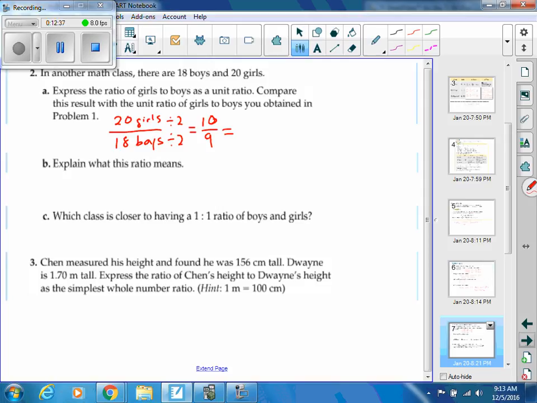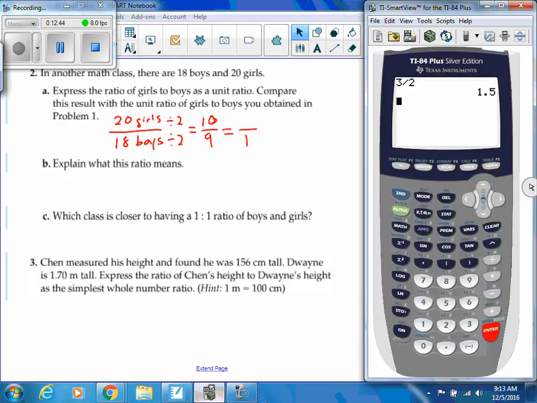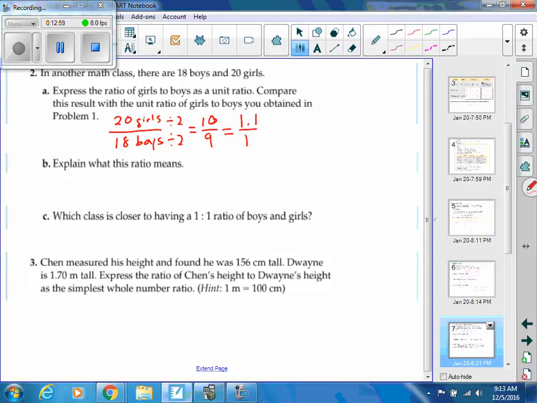So it's 10 to 9, and if I want that as a unit ratio, so my simplest whole number ratio is 10 over 9. My unit ratio, I go to my calculator here and type in 10 divided by 9, and I get 1.1 repeating. We're just going to round that to 1.1.